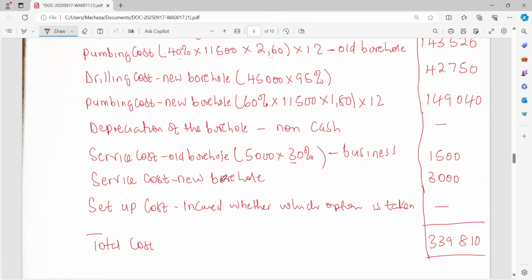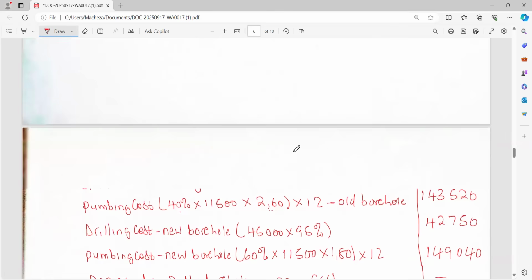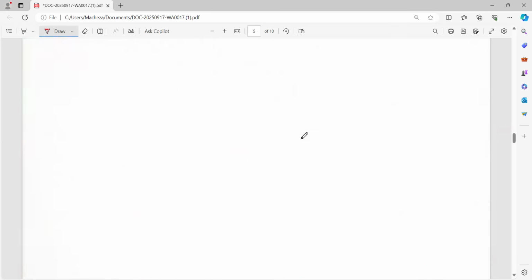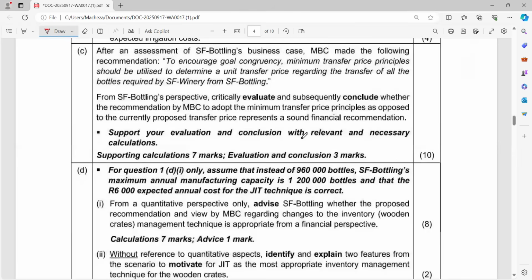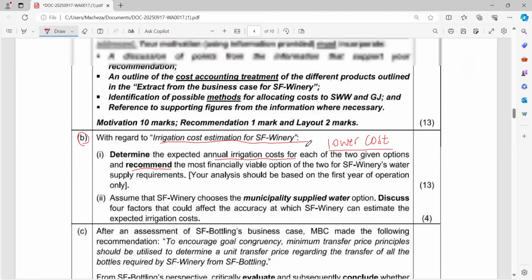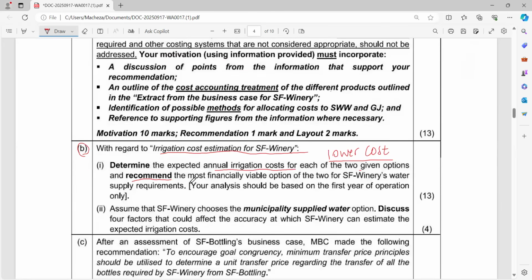Now, as per our question, let's go to our question. What are we supposed to do here? We now have our calculations, which means we are done. Then we want to recommend the most financially viable option of the two for SF Winery's water supply requirement. Financially, that means the one that is going to save them money.